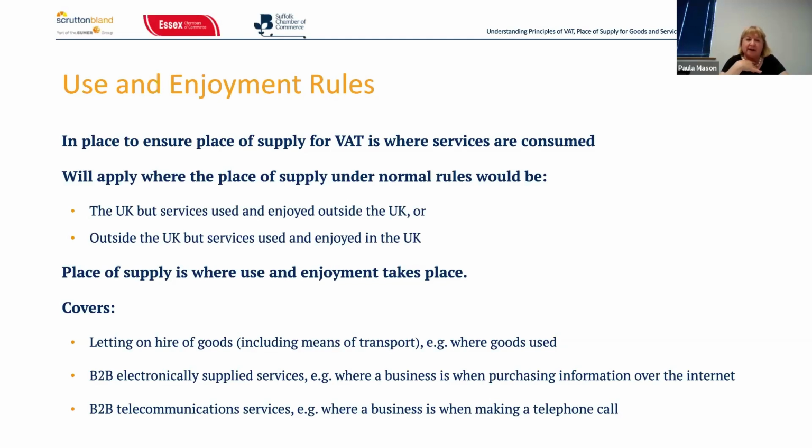The place of supply is where the use and enjoyment takes place. So it covers such things as letting on hire of goods, including means of transport, where the goods are used. Business to business electronically supplied services, for example, where a business is purchasing information over the internet, or B2B telecommunication services, where a business is making a telephone call.